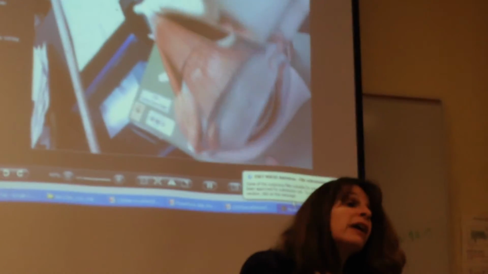You guys have to identify the levator palpebrae superioris, and this is the one that voluntarily opens and closes the eyelid. That's the one up here.